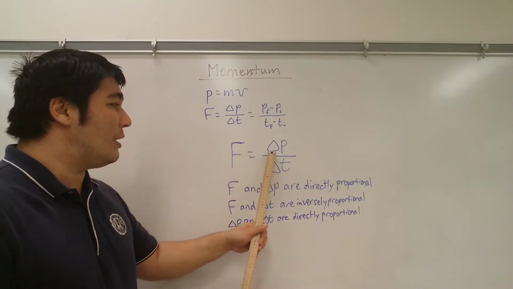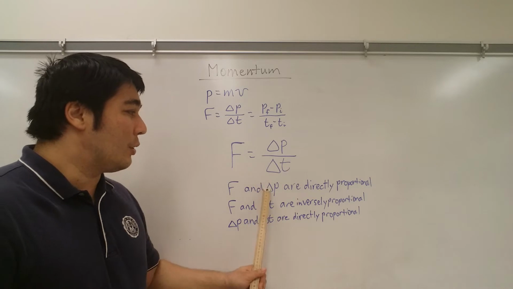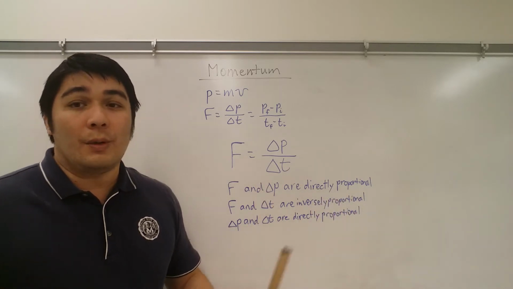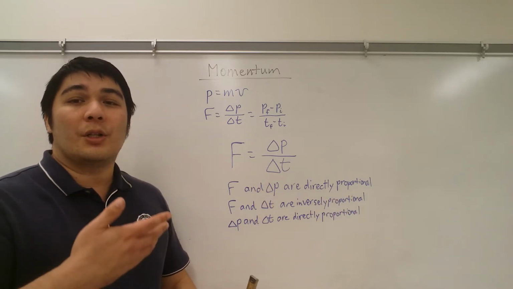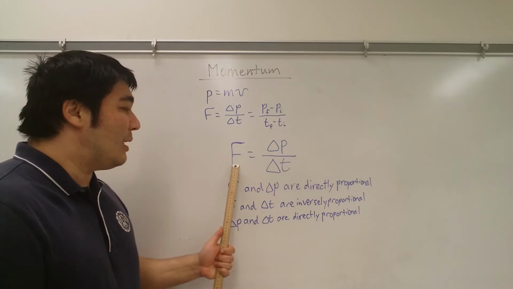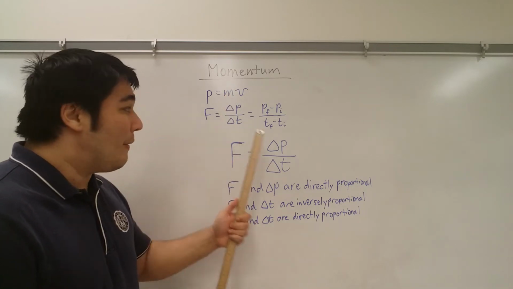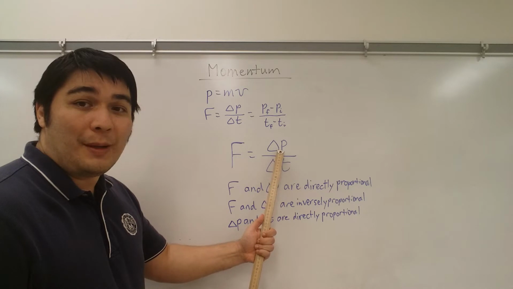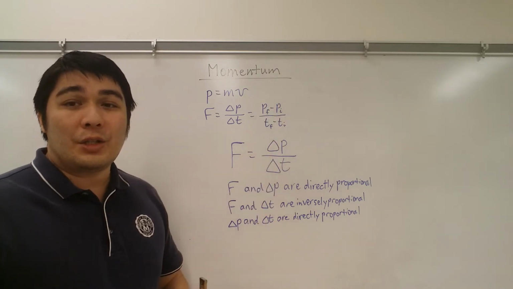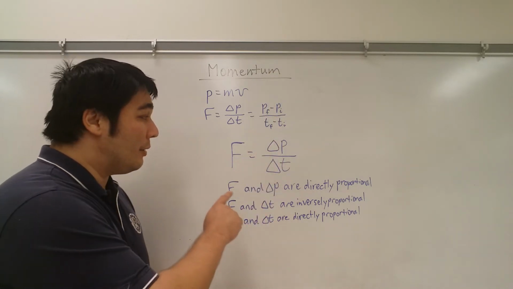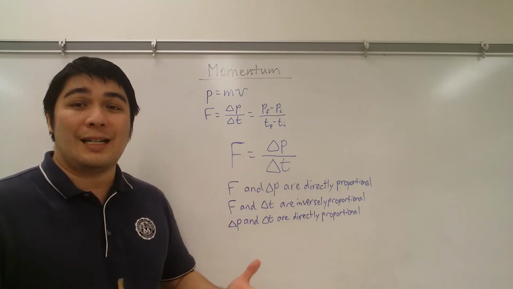Force and change in momentum are what we call directly proportional. What does that mean? If I were to translate that, I would say that if this force goes up, this delta P, this change in momentum, must go up, assuming everything else in the equation is constant.